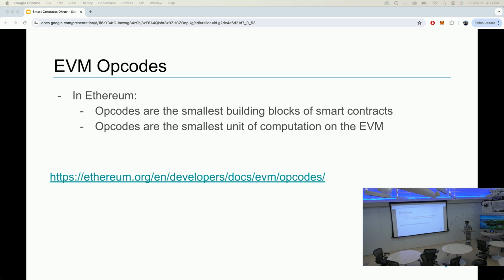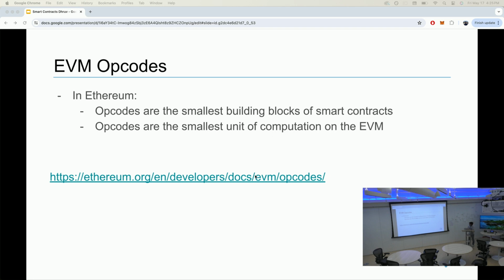To understand a little further about smart contracts, in Ethereum, opcodes are the smallest building blocks of smart contracts. You can think of opcodes like assembly code, if you have taken a computer science class before, where you write your high-level code in JavaScript or C++, and when it gets compiled, it turns into many much smaller individual units that build up the entire program.